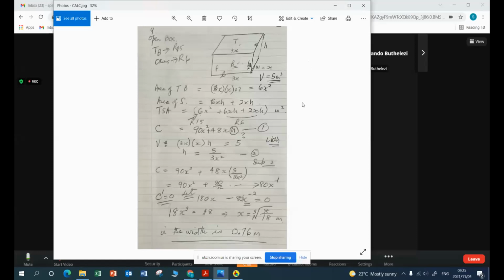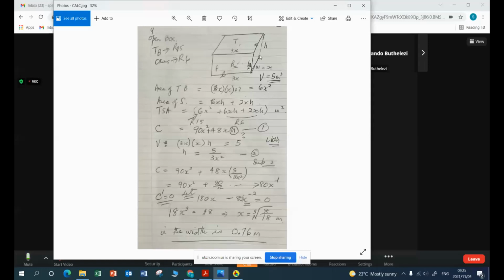Now we need to find, well, good, we have the length is 3x and the width is x. So the length is 3 times the width. So we'll put 3x and x. Now, the area of the top is 3x times x, area of a rectangle, but the bottom is the same. So you multiply that by 2, you get 6x squared.